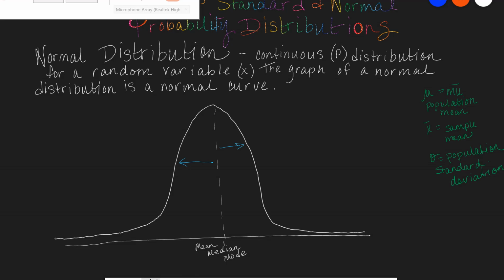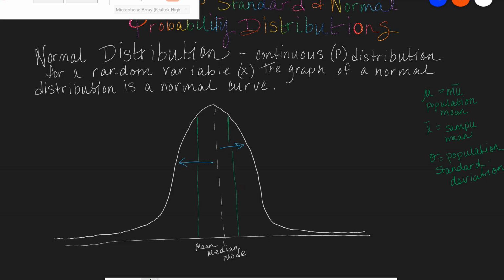And then we have standard deviations above and below the mean. And again, the standard deviation really is just telling us how far our observations vary from the mean. When we're looking at a population probability distribution, you can use sigma.